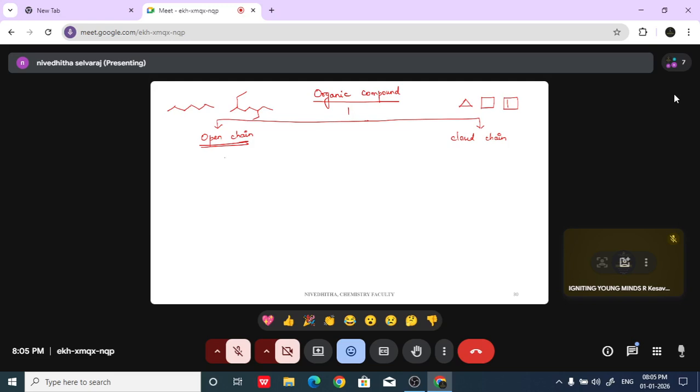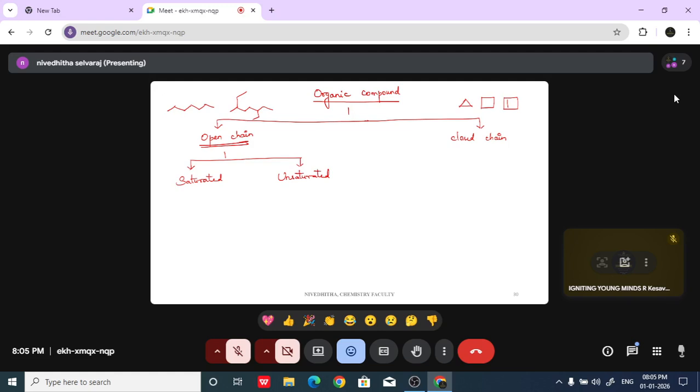Okay, fine. Open chain compounds are classified again into two types. One is saturated, another one is unsaturated. Could you please tell me the difference between saturated and unsaturated compounds? Unsaturated compounds have double and triple bonds, ma'am.